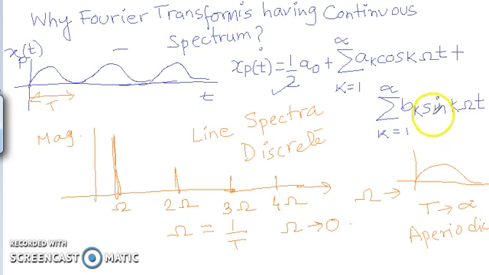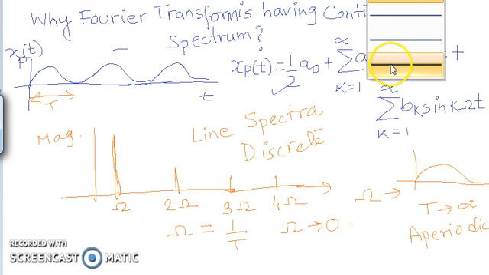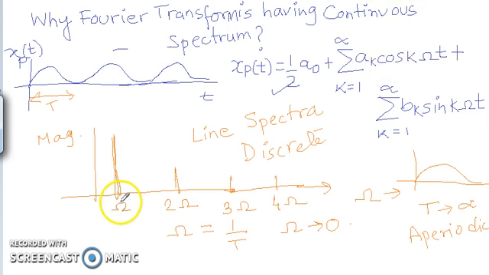That means when we are thinking of an aperiodic waveform, what is going to happen? This distance between the fundamental frequencies will tend towards 0, and this spectra will be in this fashion.